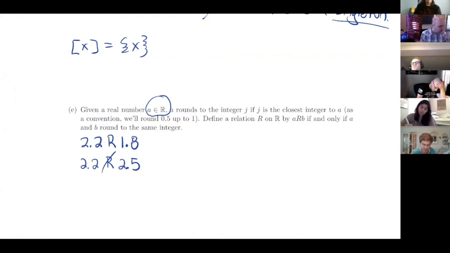Okay, so would someone want to share what came up when you were talking about these? So I guess the first question is, how many equivalence classes do we get? We have a number of equivalence classes basically equal to the number of integers. Yeah, so we're going to get an infinite number of equivalence classes.